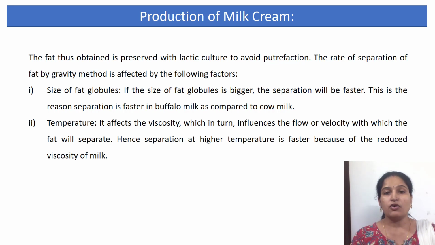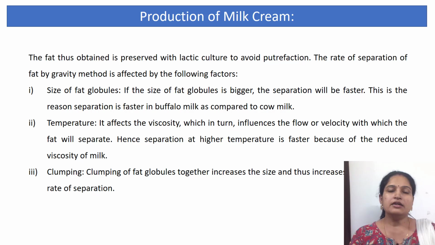It affects the viscosity, which in turn influences the velocity with which the fat will be separated. Hence, the separation at higher temperature is faster because of the reduced viscosity of the milk. The third factor is clumping: clumping of the fat globules together increases the size and thus increases the velocity and rate of separation.